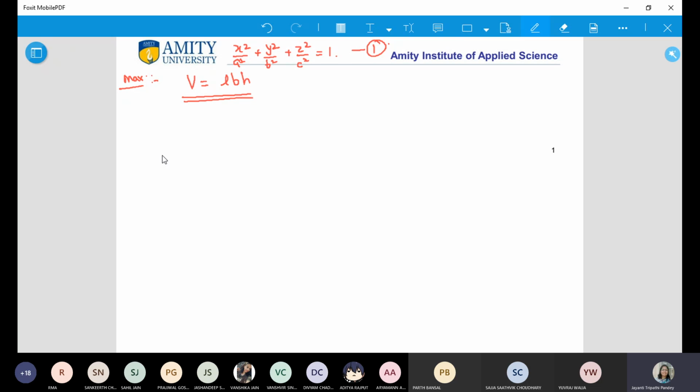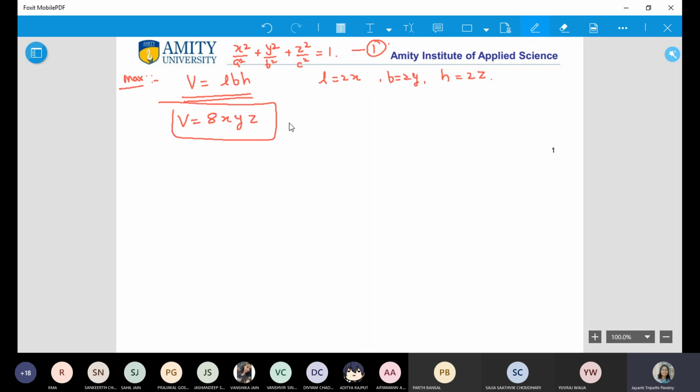So let's assume L as 2x, B as 2y, and H as 2z. This we are taking for the sake of convenience of calculation. So your V is 2 into 2 into 2, that is 8xyz. Now you are looking for maxima for this.